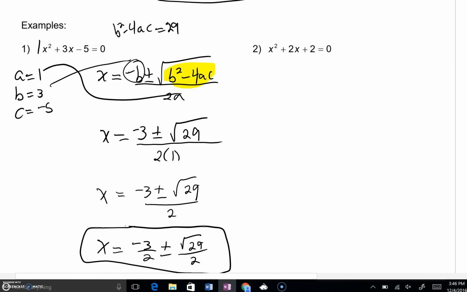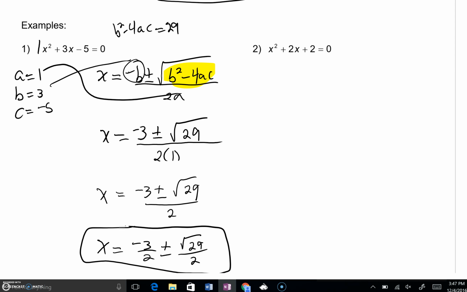And that's just to point out we're going to get 2 distinct answers. You'd get decimals. This wouldn't be integers. But this is a way to always find your 2 solutions. So it's a wonderful, foolproof way to get your answers.